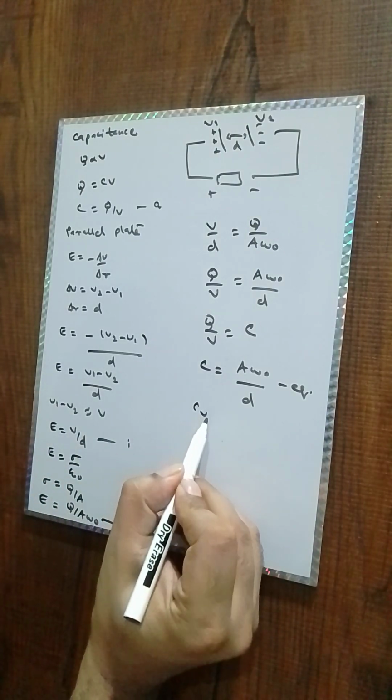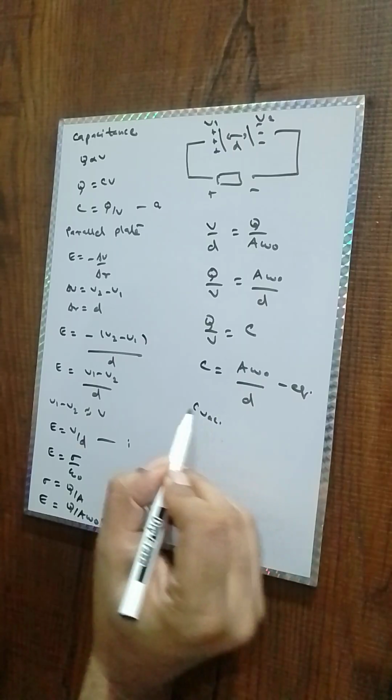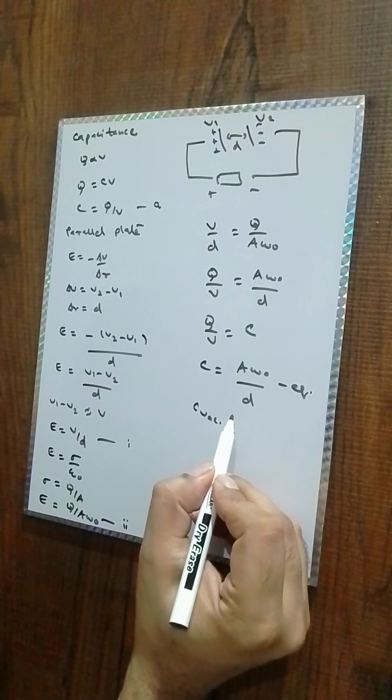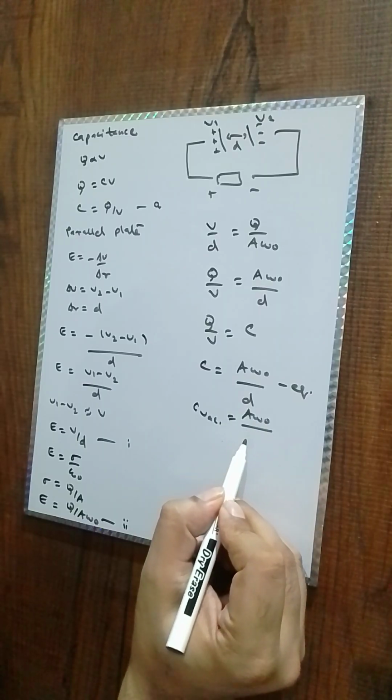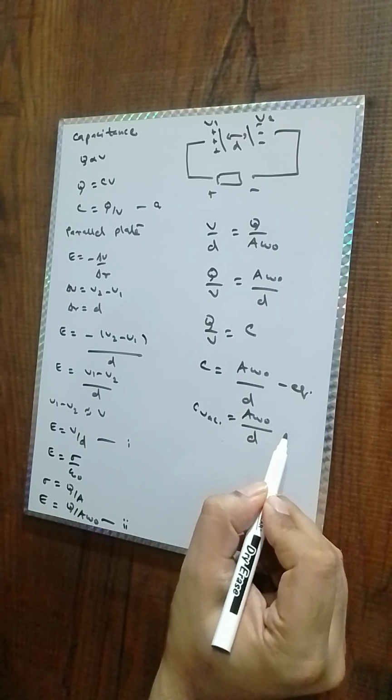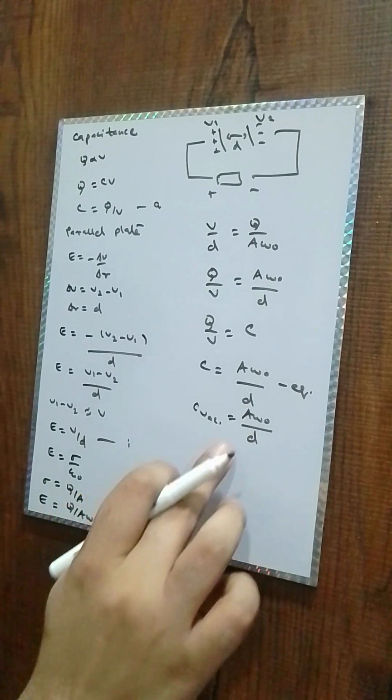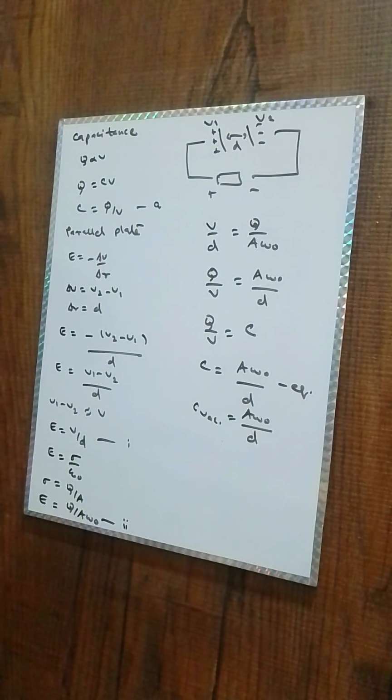And C vacuum, the capacitance for vacuum, is equal to A epsilon naught, epsilon naught is the permittivity in the vacuum, by D. So this is noticeable.